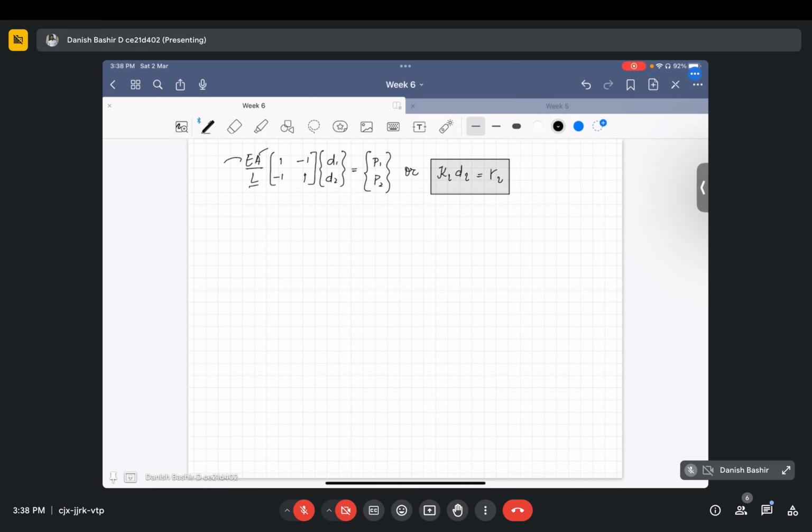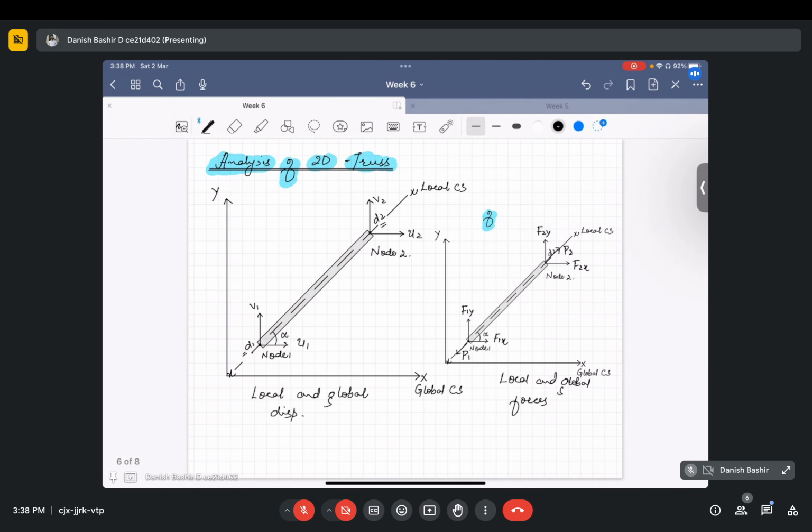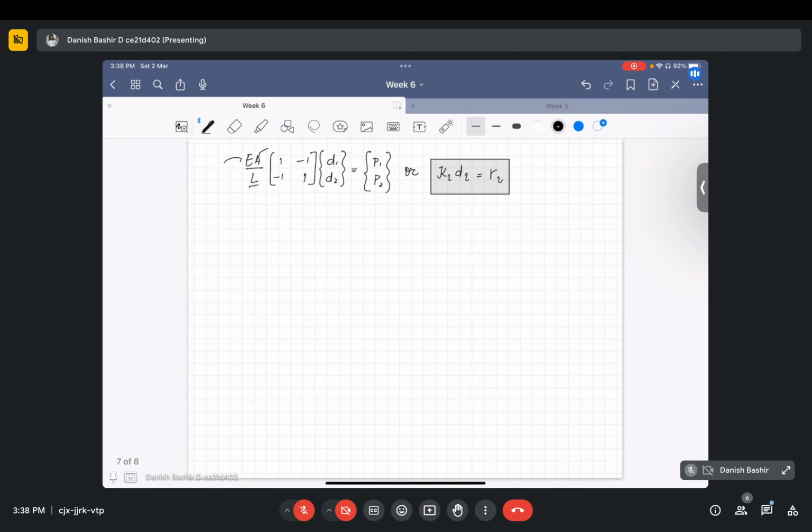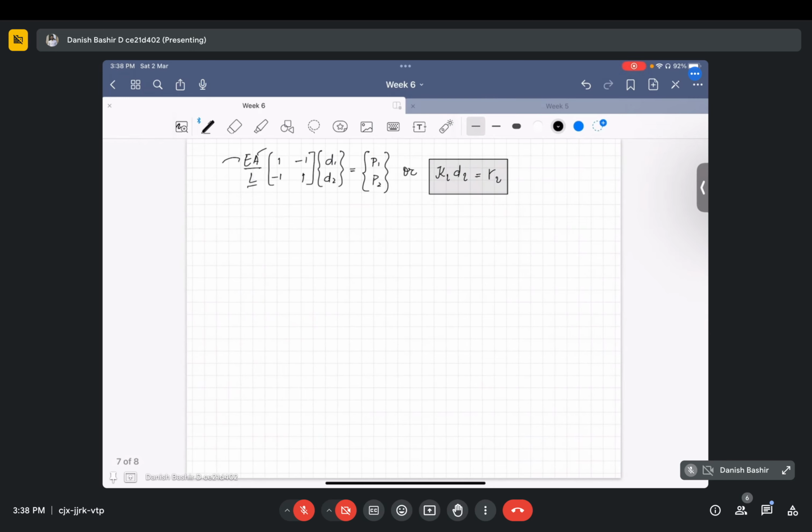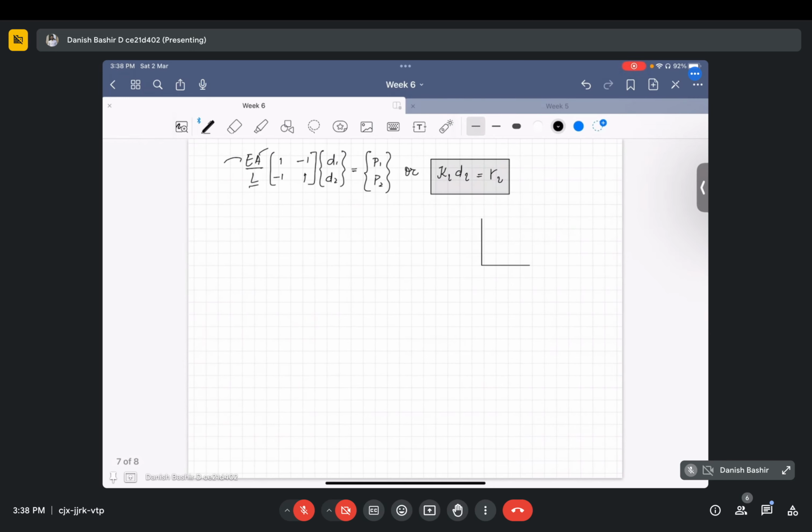Moving forward, you people might have studied this in mechanics. For example, we have a coordinate system x, y, and then it is rotated by some angle alpha, or theta, to get x dash, y dash. Same is here.